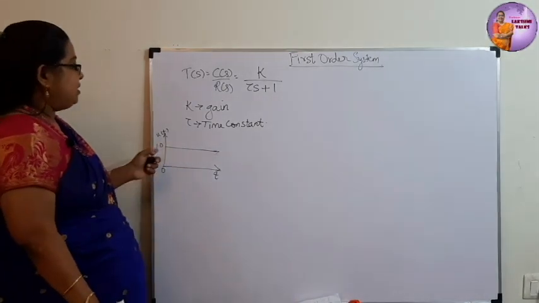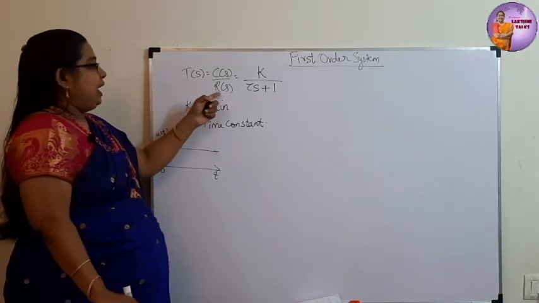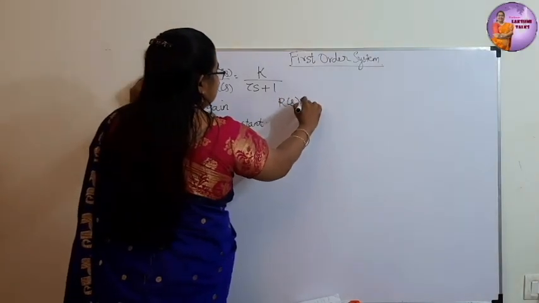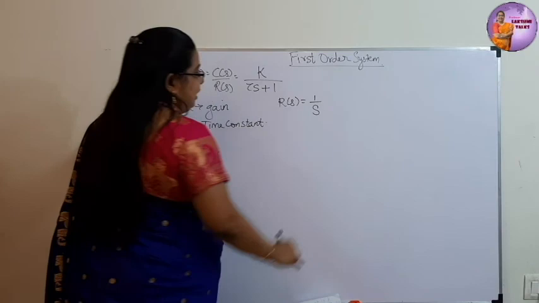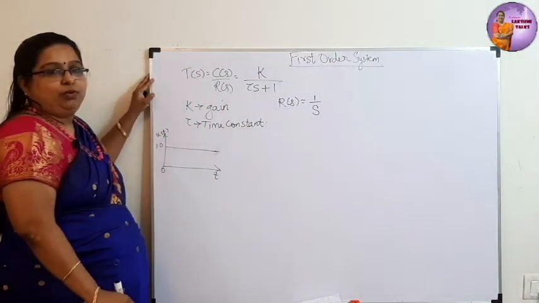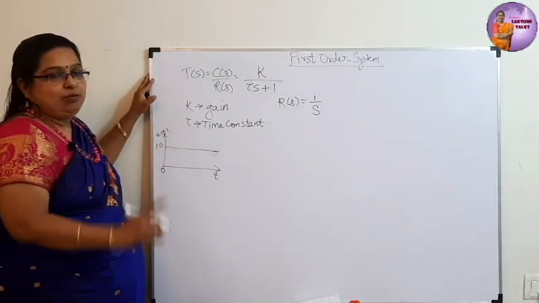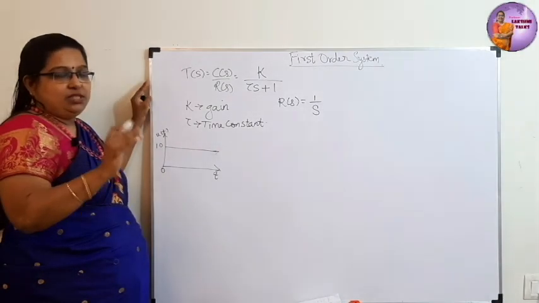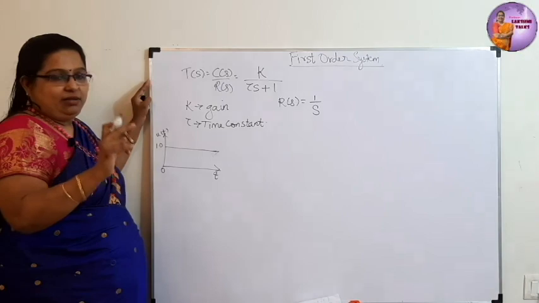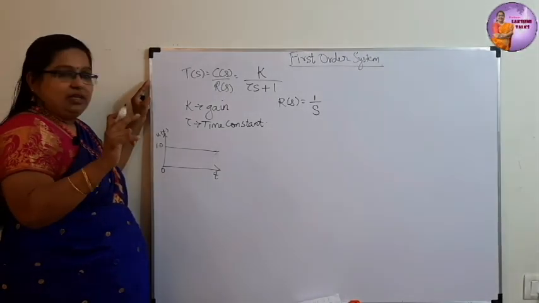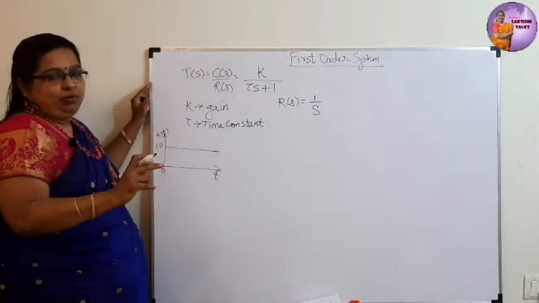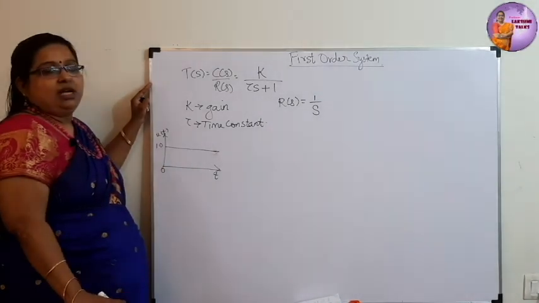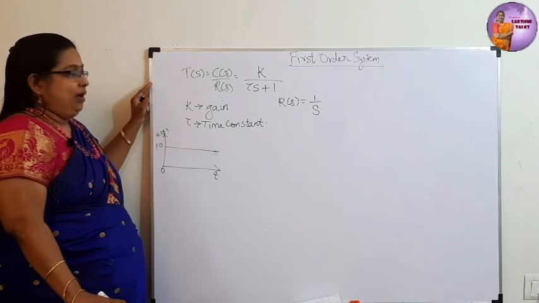So r of s is nothing but 1 by s, which is the Laplace transform of u of t is equal to 1. The Laplace transform of 1 is 1 by s. So we are using the input r of s is equal to 1 by s.